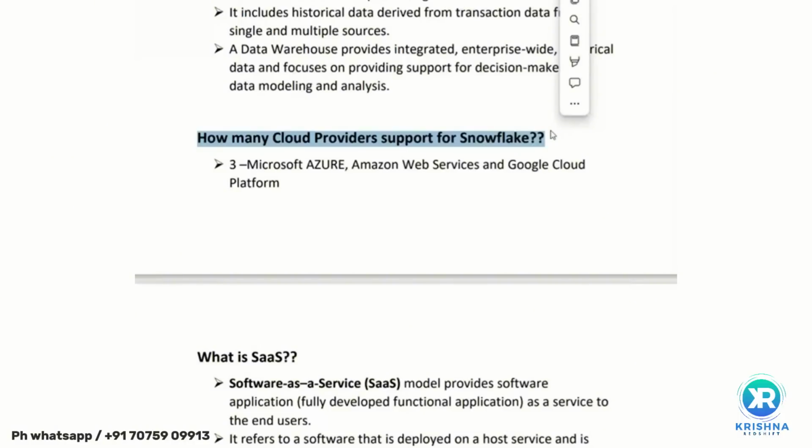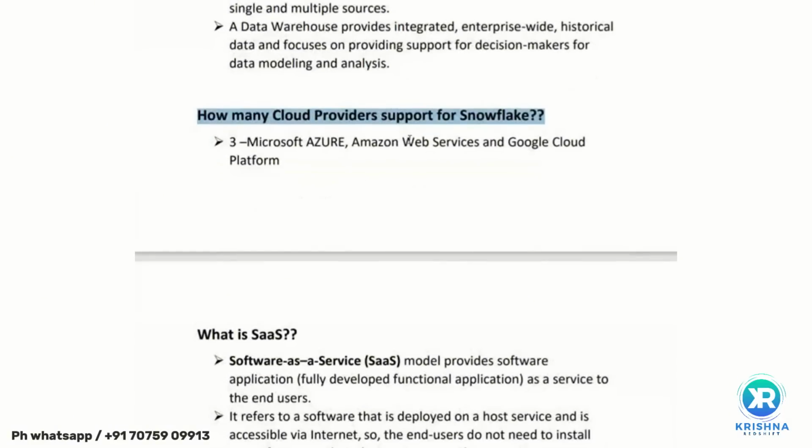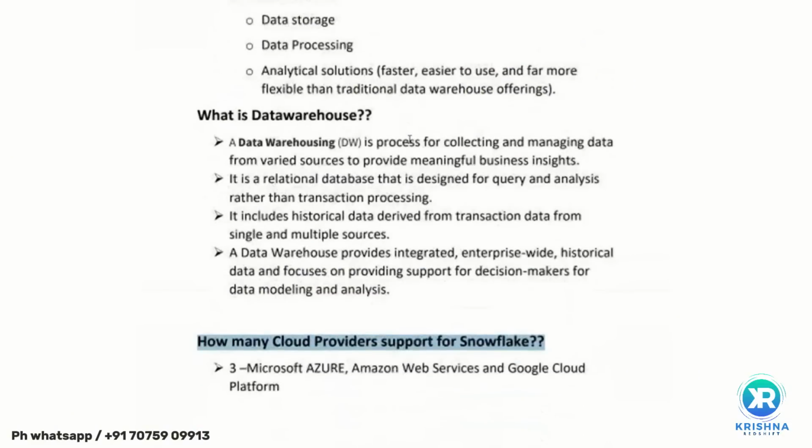Of course, AWS is the largest one, then Microsoft Azure, and then GCP. It will use one of these platforms based on the customer. Customers select which platform they want while setting up Snowflake. Generally, the question they will ask is, in which environment have you used Snowflake? Most of the jobs are Snowflake with AWS and Snowflake with Azure because these are 95% of the market. GCP is very small.